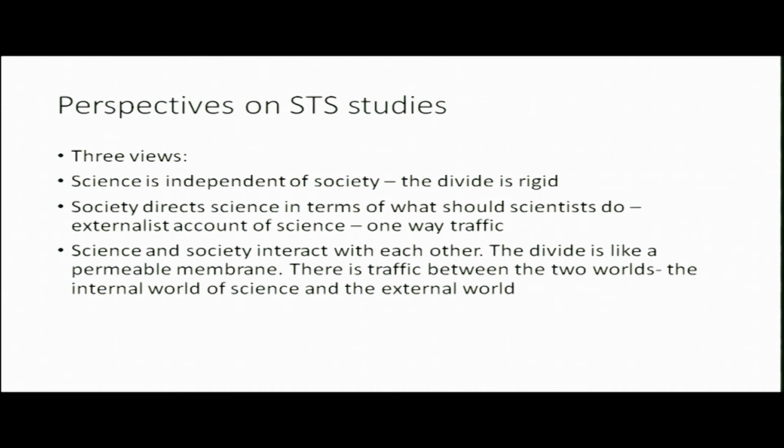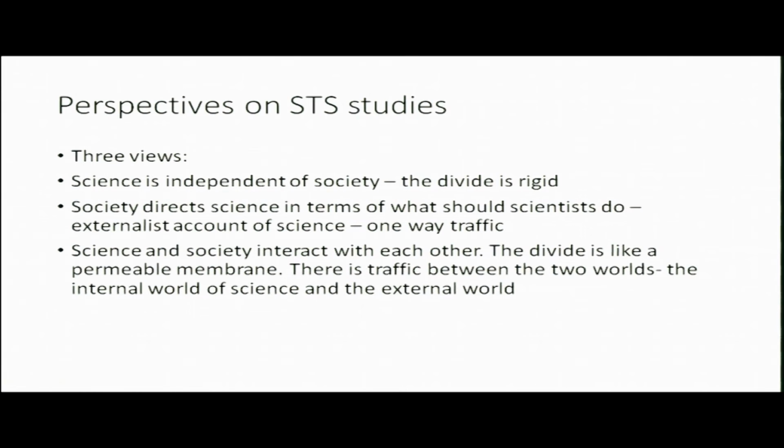So then, science, technology, society studies. There are at least three perspectives one can discern from the literature. One is science is independent of society. The divide between science and society is rigid, and science is autonomous, and science grows by replacement of ideas and theories.